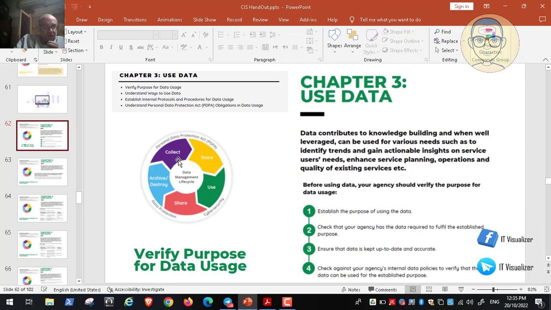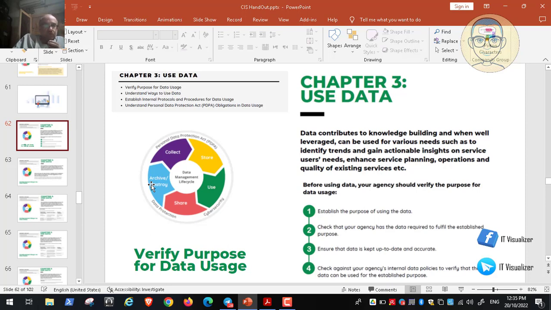In these phases we need to apply cybersecurity measures and protect personal data: during collecting, during storing, during usage, during sharing with our business partners, and in archive and destroy. When we archive personal data, we need to protect it, and when we destroy it, we need to destroy it in a very secure manner.